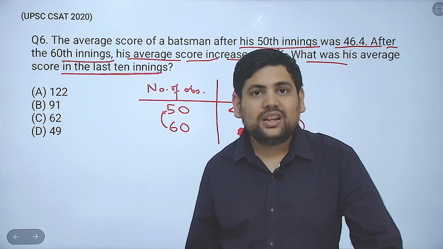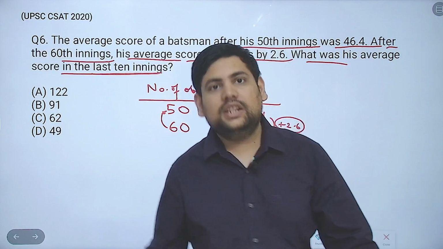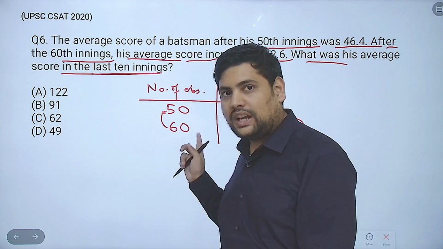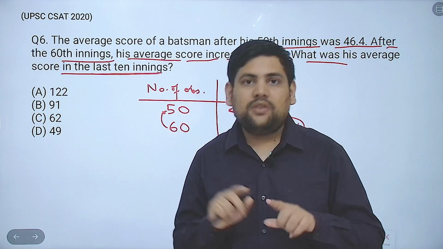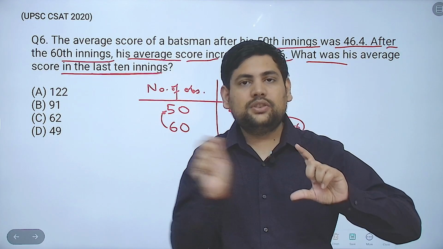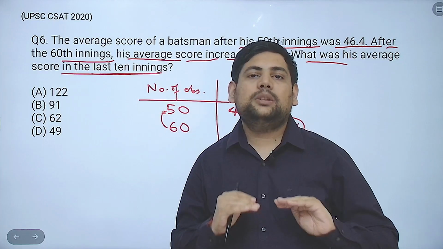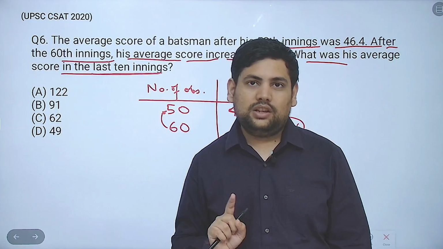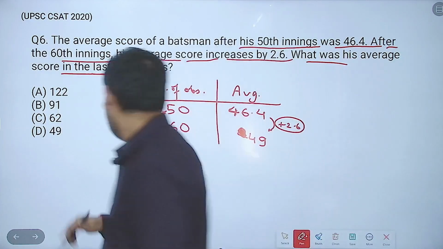Now here, instead of those two brothers, you have 10 innings. So we will first do this smiley method, get the sum of the last 10 innings, that is 51 to 60, then divide it by 10 to get the average score in the last 10 innings. Understood?